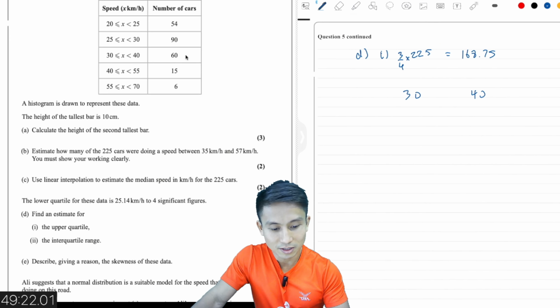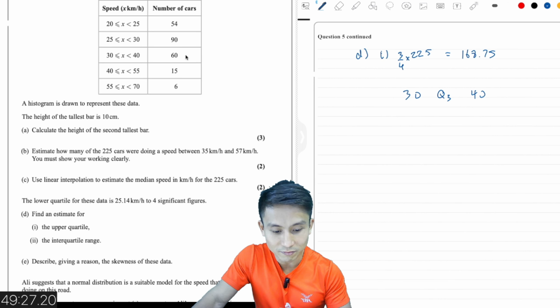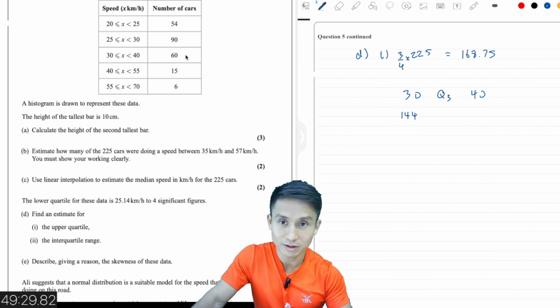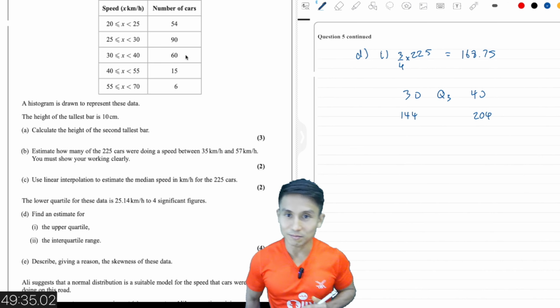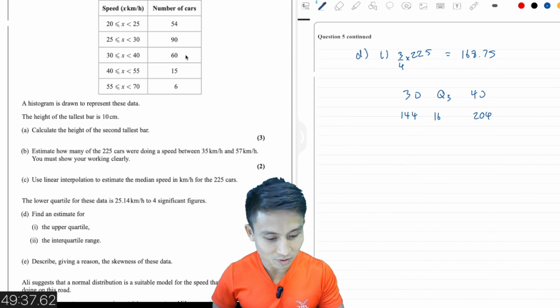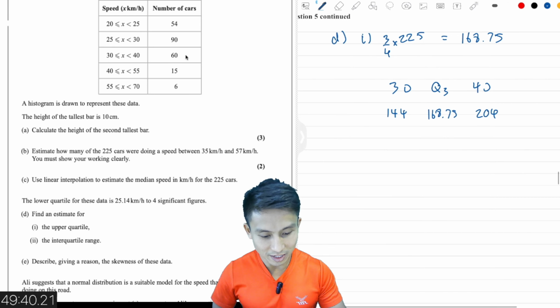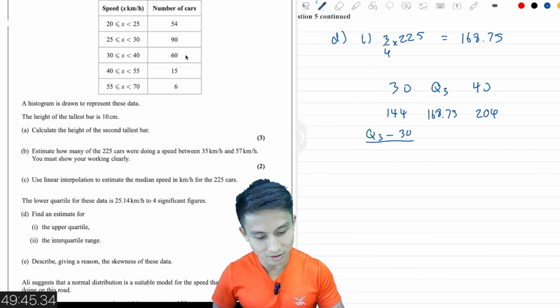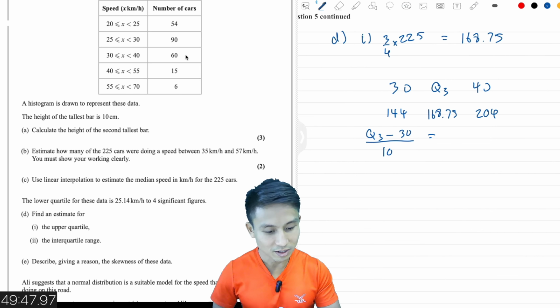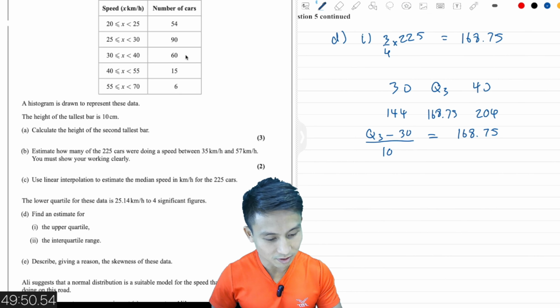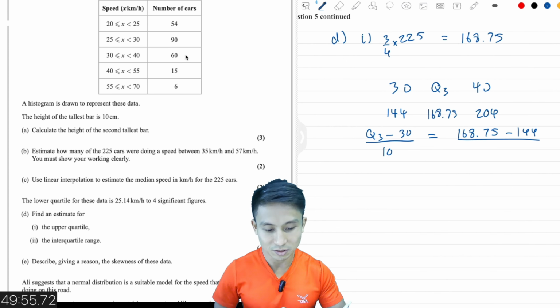30 to 40, and this is Q3 now. Then you would have the cumulative from the lower bound there is 144, and the cumulative for the upper bound is 204, so just add 60. So this is again 168.75. Again, the shorter one on the top, Q3 minus 30, divided by the longer one, which is 10, 40 minus 30. That equals 168.75 minus 144, divided by the distance between 144 and 204, which is 60.